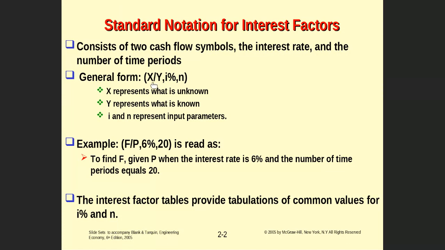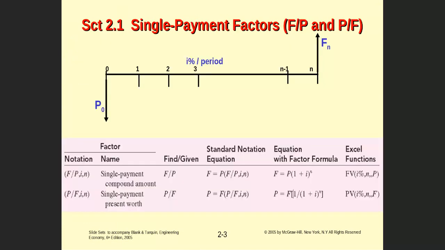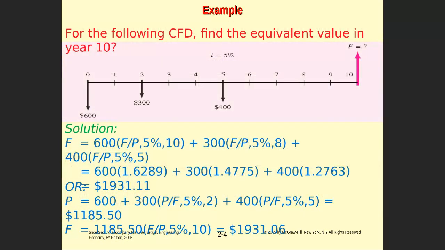X given Y, where X is the needed or unknown variable, like present, annual or future, and Y is the given variable of present, annual or future, given the interest rate and the number of years over which you would like to change the value of money. There was an explanation of examples of how to change the value of money over time using the tables.